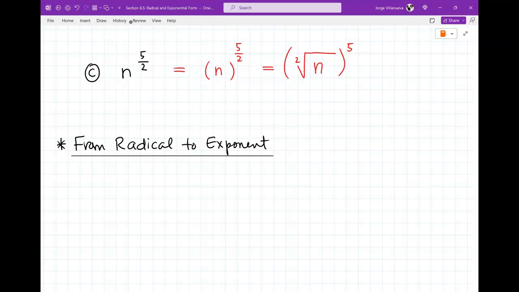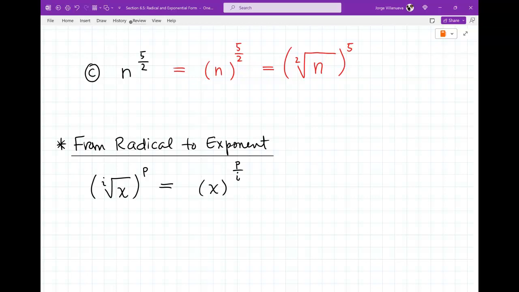It's just the one that we just learned. Okay? So if you have something that looks like this, a radical with an index of I and then to the power of p, all you have to do is write it as x to the p over I. That's it. Just rewrite it.